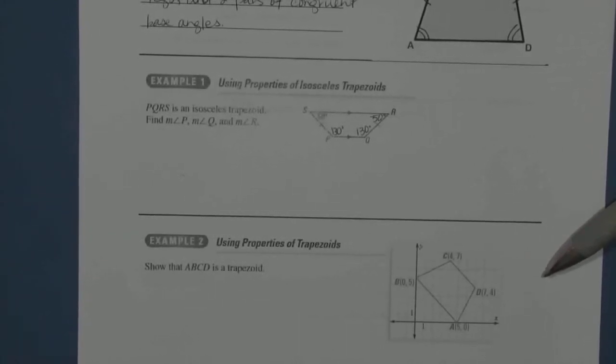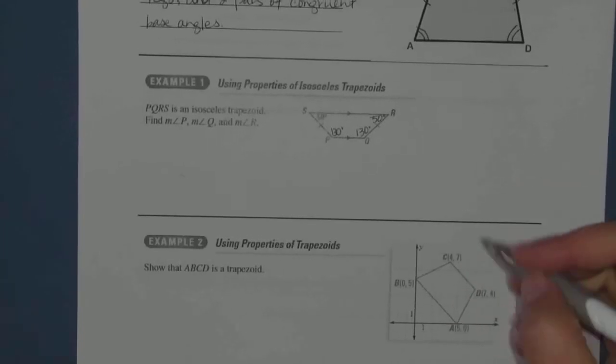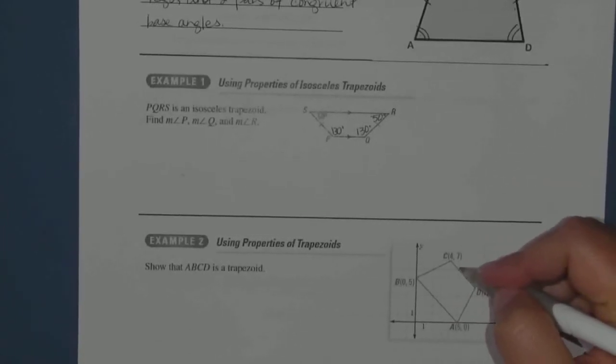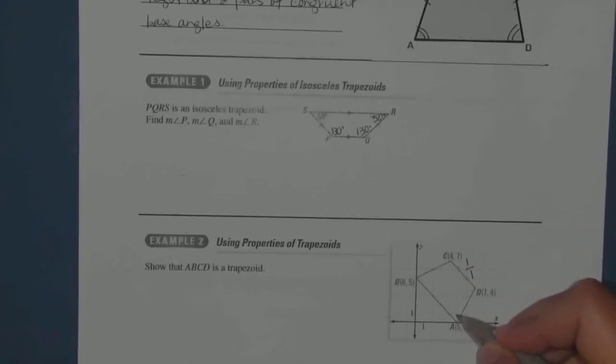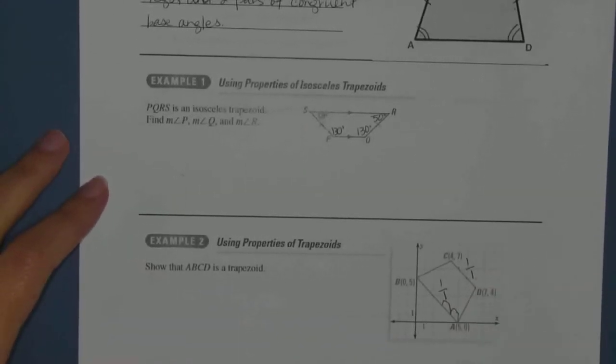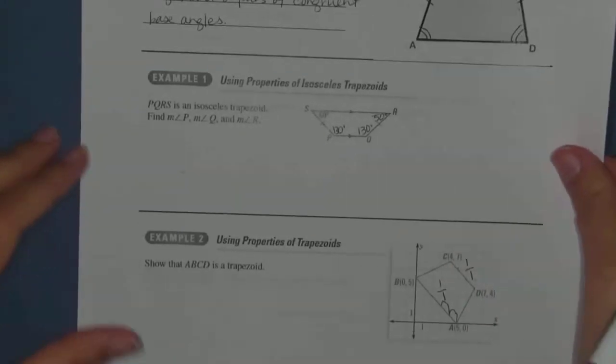Yes, you are correct. I'm just going to assume that you said that parallel lines have the same slope. So then if I'm looking at these two lines, if I count up over, this has a slope of 1 over 1, up 1 over 1. This also has a slope of 1. So they have the same slope, so those lines are parallel, meaning that's a trapezoid. Okay?